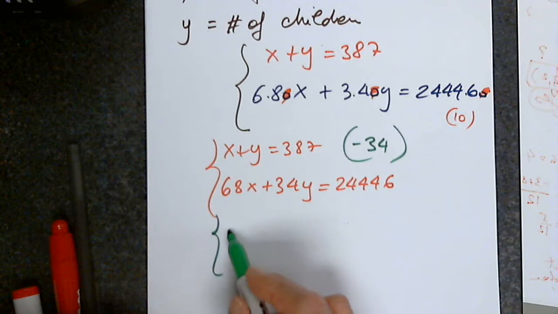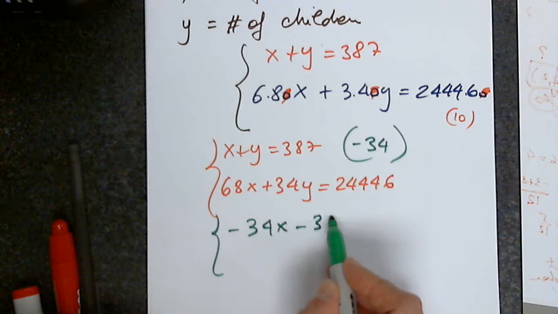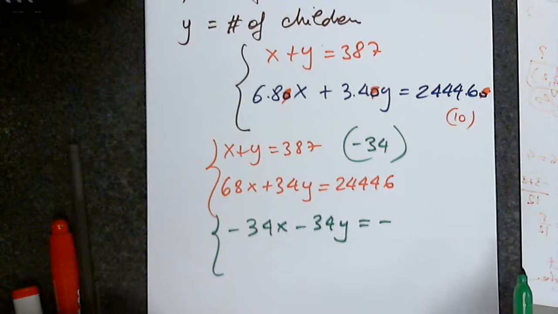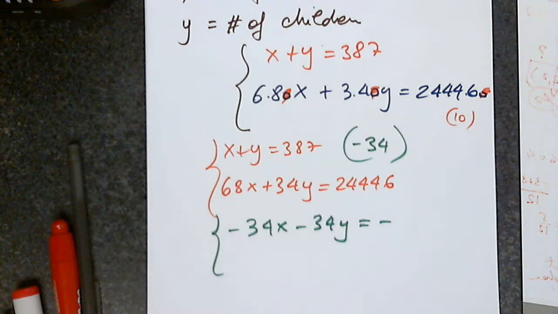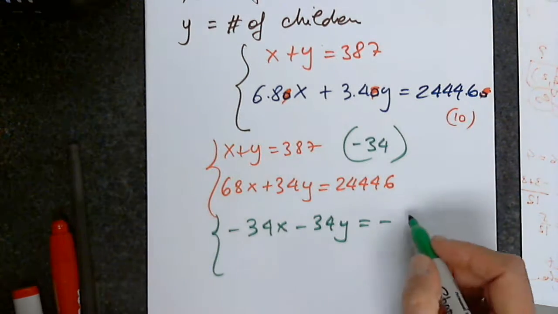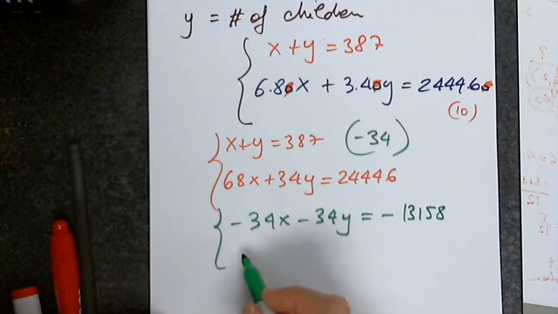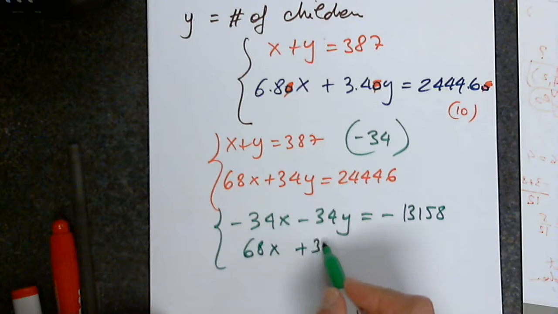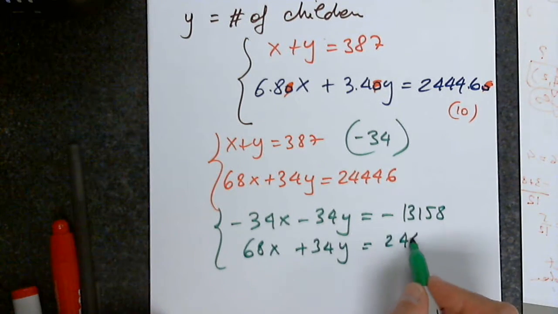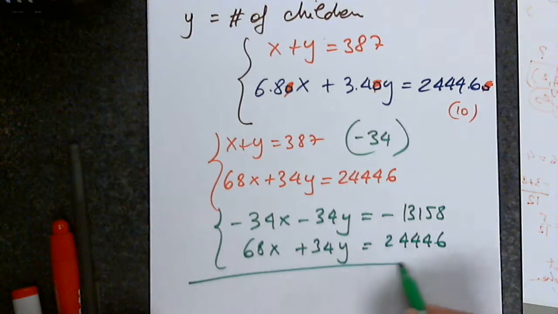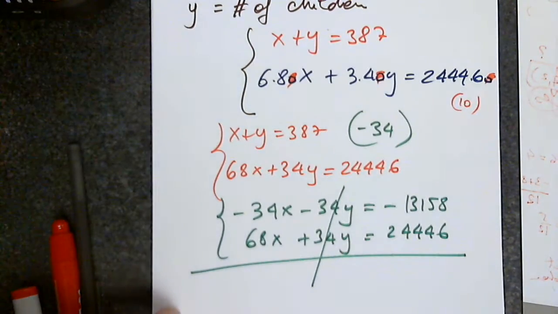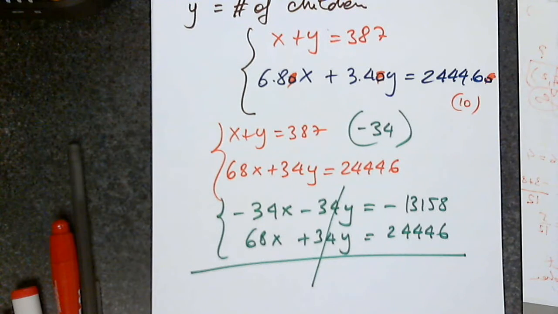So then the first equation becomes negative 34x, negative 34y equals negative... let me multiply these two. I'm lazy right now. So we have 34 times 387. I got 13158. Correct me if I'm wrong. And then 68x plus 34y equals 24446. I add, and the number of kids is gone for now.